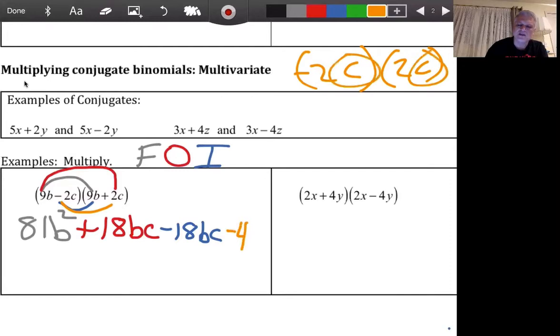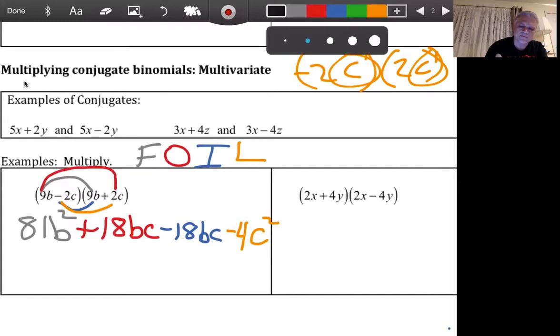C times C. Now these have the same bases, and we know the rule. Same bases, we multiply, therefore we add the exponents. So C to the first times C to the first is going to be C squared, or C to the second.